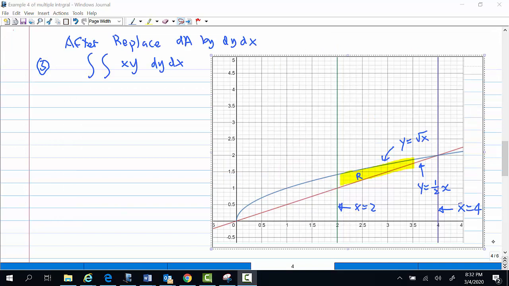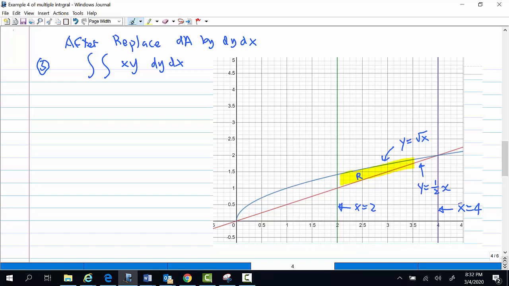After we replace dA by dy dx, the third step is to fill in the outer limit for x. In this case, x is between 2 to 4.